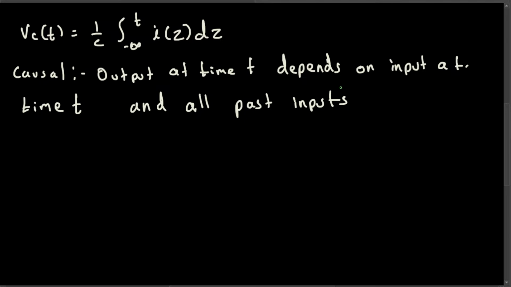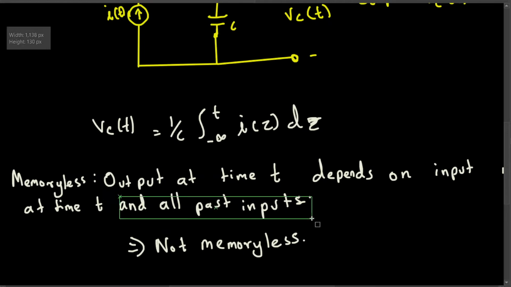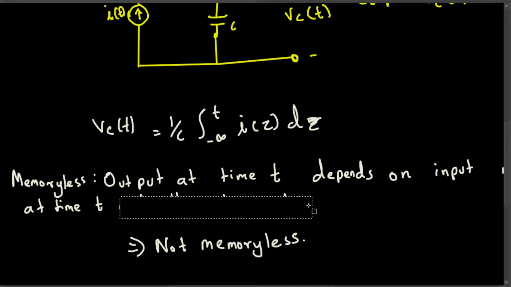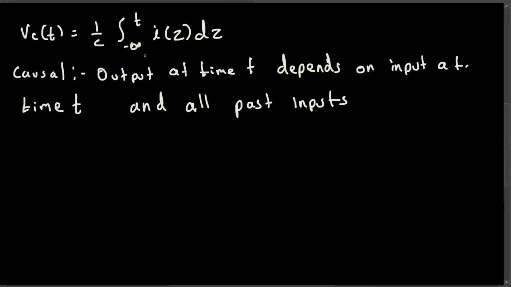Okay, I made a mistake here. This is output at time t. It depends on input at time t and all the past inputs; that's causal.